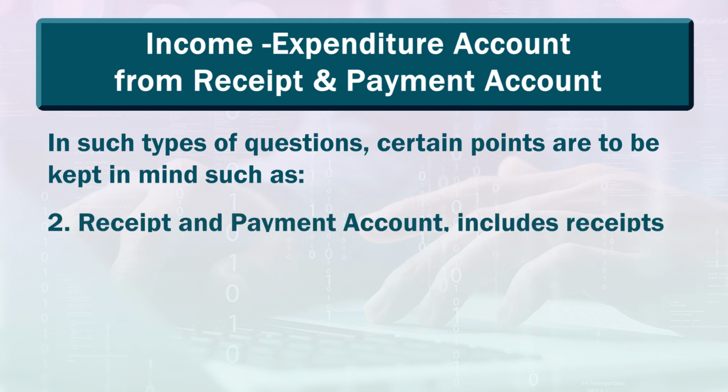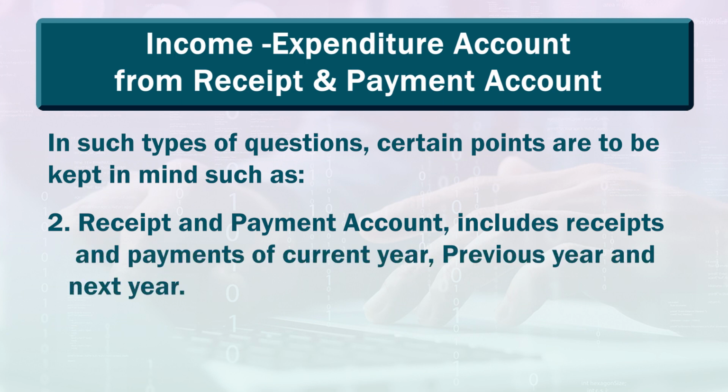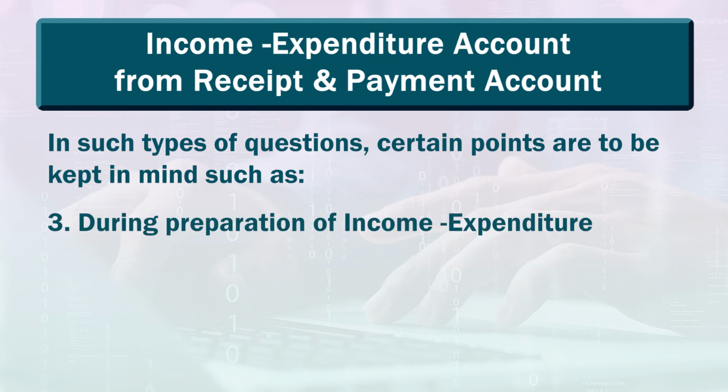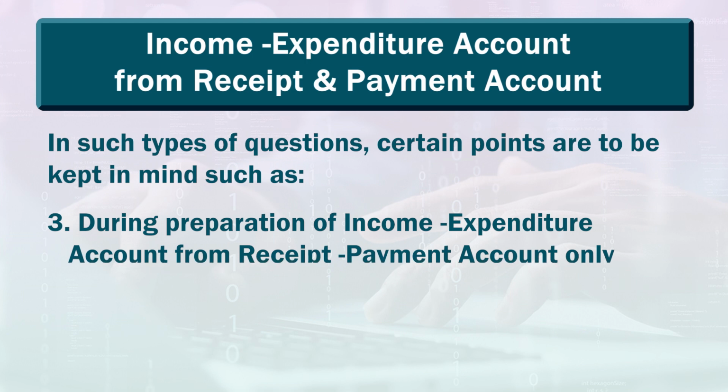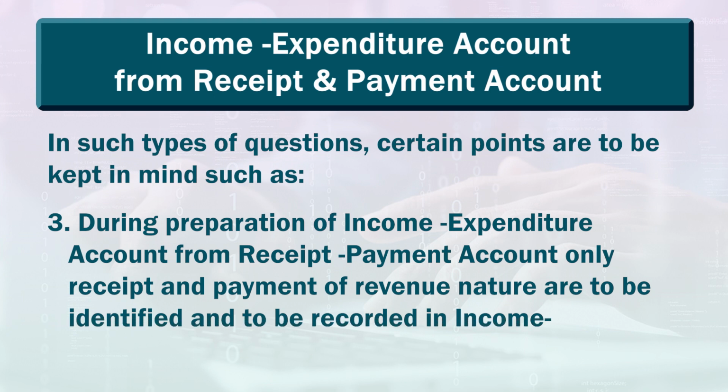Second, receipt and payment account includes receipts and payments of current year, previous year and next year. Third, during preparation of income expenditure account from receipt payment account, only receipt and payment of revenue nature are to be identified and to be recorded in income expenditure account.